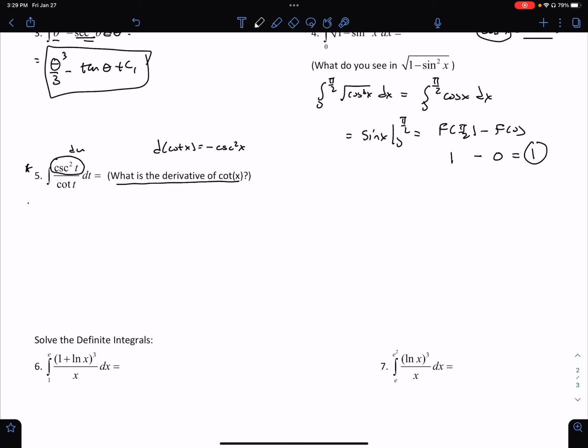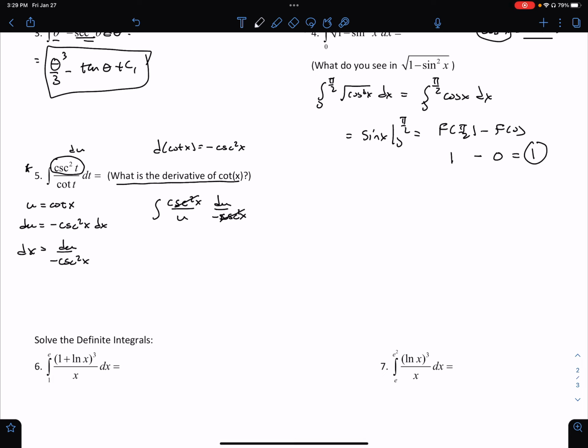So if we try it, if I let u be the cotangent of x, du is the negative cosecant squared of x dx, and dx becomes du over negative cosecant squared of x. If I replace this, we get cosecant squared of x over u du over negative cosecant squared of x.